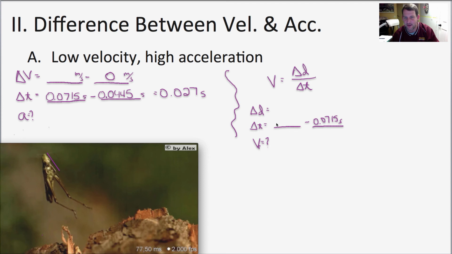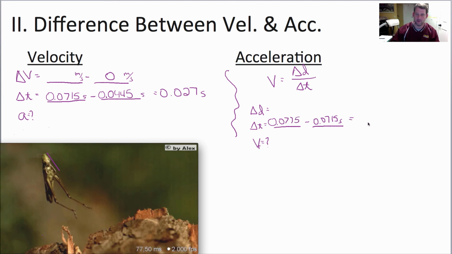So that's our final time. And we can come over here and say 0.0775 seconds. And that change in time, when we put it on our calculator, we find is 0.006 seconds. So our change in time is 0.006 seconds. And our change in distance was 1 centimeter, which is, of course, 0.01 meters.